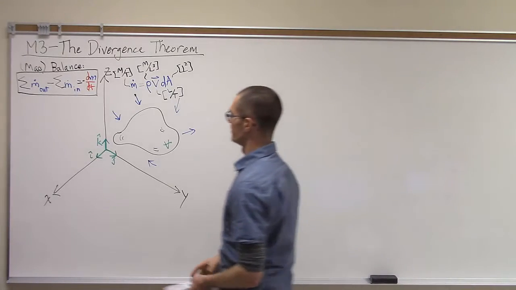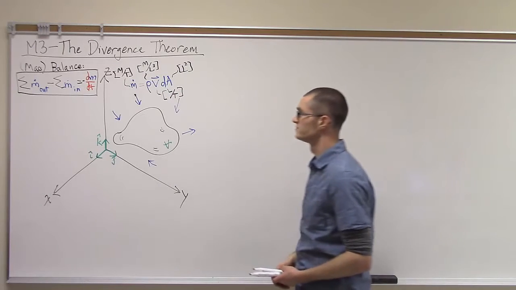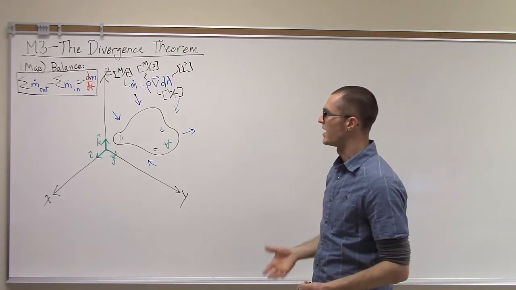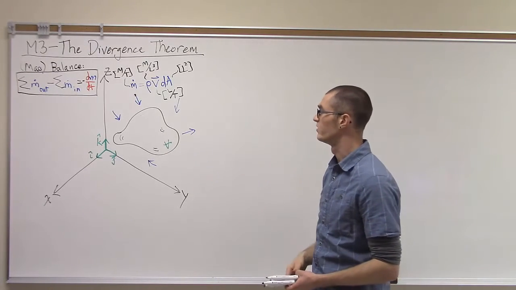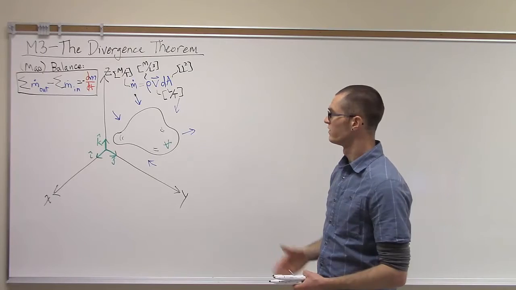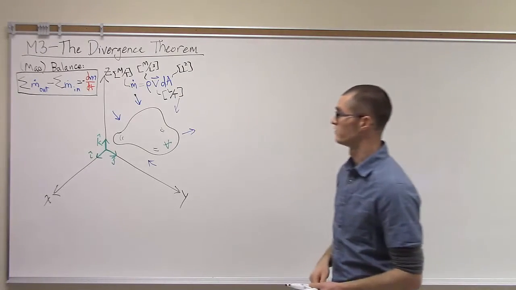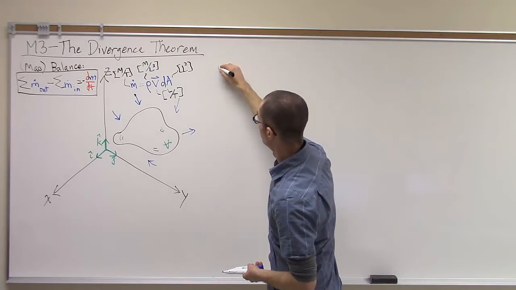So we want to understand, okay, what is actually this mass balance? There's a few different ways that mass could enter or exit this volume of interest. One of the ways I already sort of introduced here is through a flux rate through the surface. So I have one type of mass flux rate.